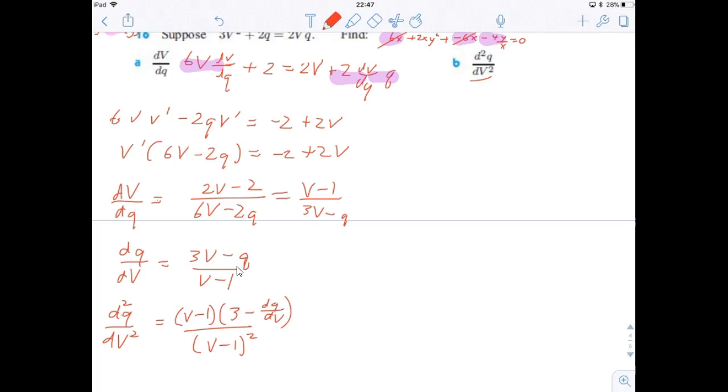And then we're going to have minus the derivative of v minus 1, which would be 1, times the numerator, without taking the derivative, right? Okay. Let's see.